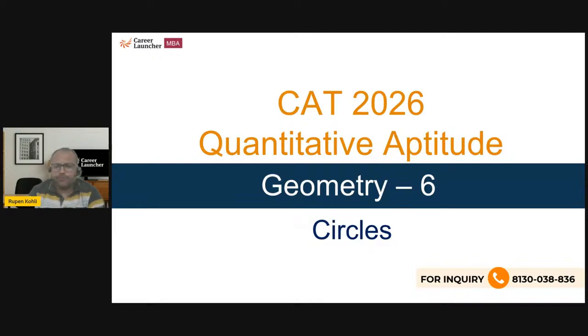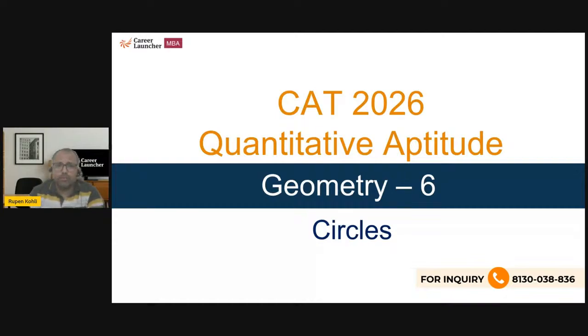Circles have their own properties, but at the same time, questions are not isolated in geometry, and all the base concepts that we have learned with respect to the triangle geometry will obviously become relevant here as well, right? But yes, definitely circle questions require their own kind of approach.